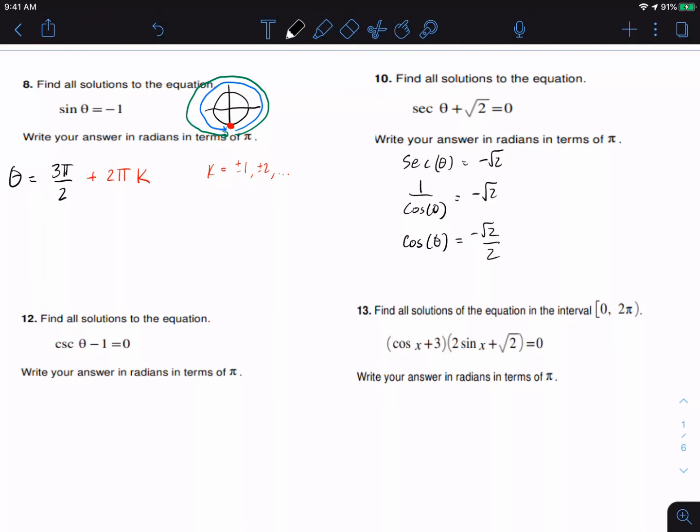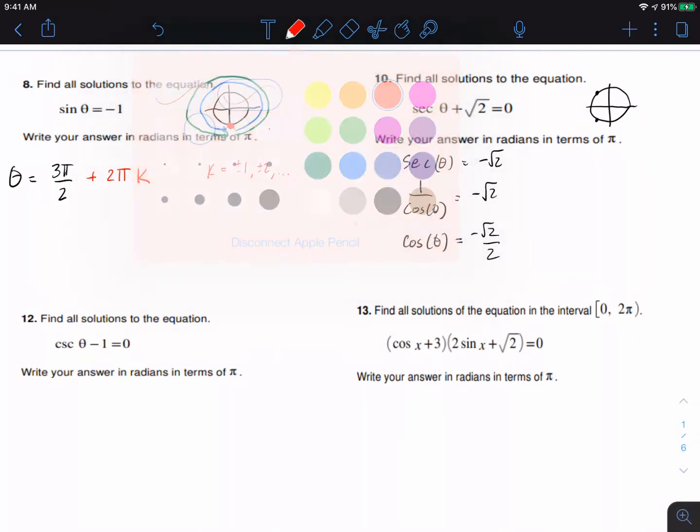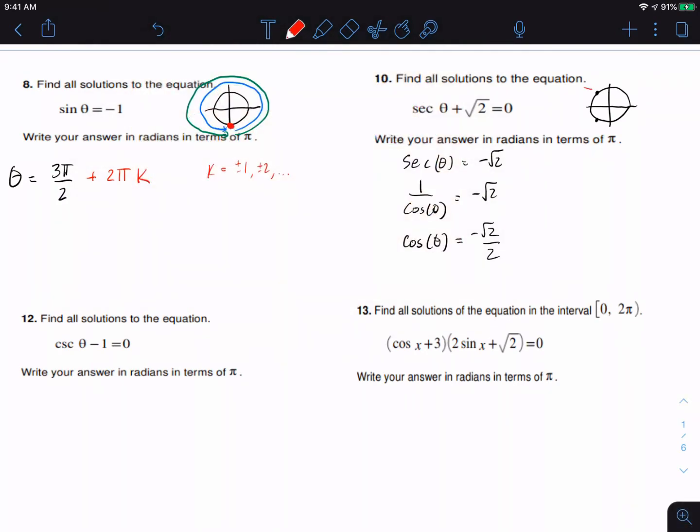So if I look at my unit circle again, we need it to be negative, so that should occur here and here. And for this guy right here, isn't that 3 pi over 4? So I'll call that my theta 1.